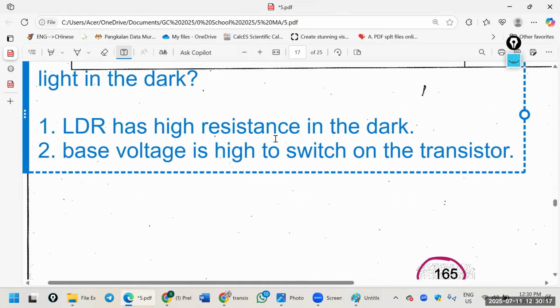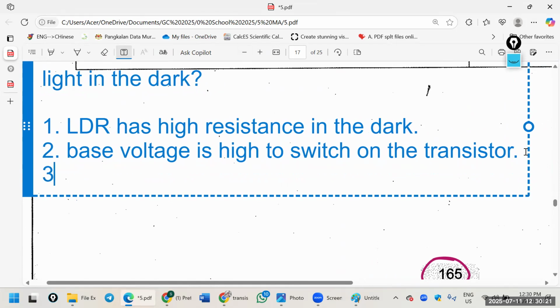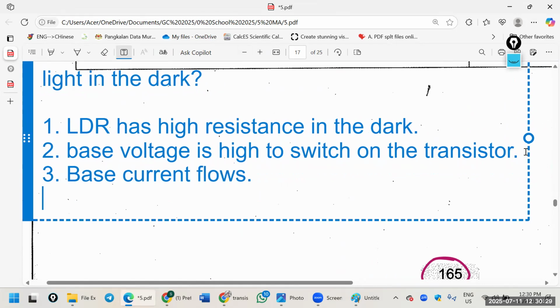So when we say switch on, actually means base current flows. When base current flows means collector current flows. Means the light bulb lights up because we put it in the collector. Okay? Then you can answer the analysis.